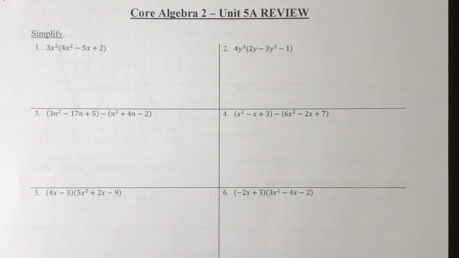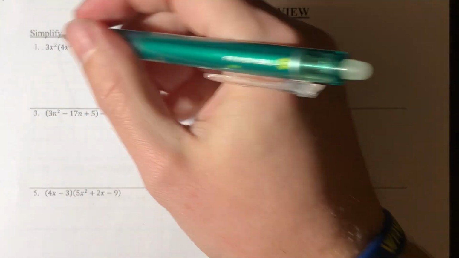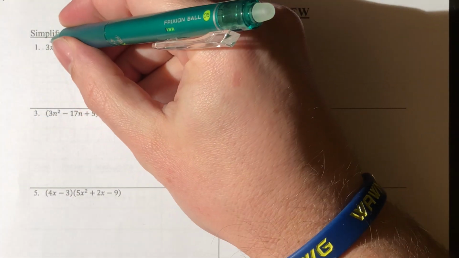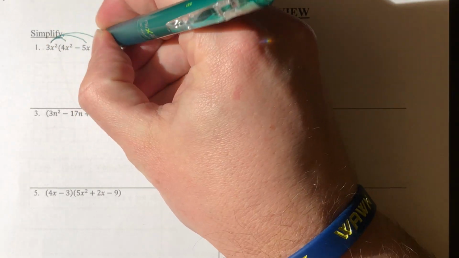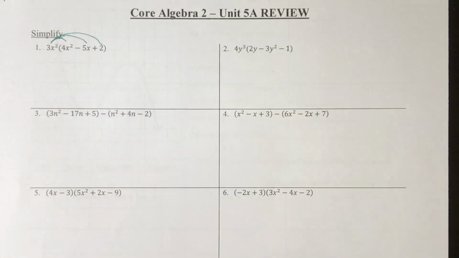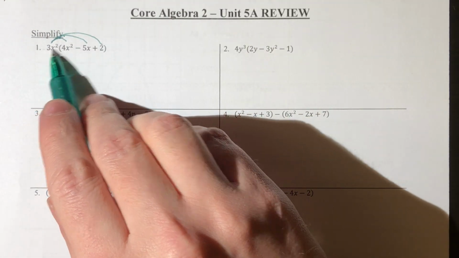Here we are looking at the review for the Unit 5A test. So for 1 and 2, we need to distribute this 3x squared to all parts of this so that we can simplify it. So when I multiply this, I multiply my coefficients.